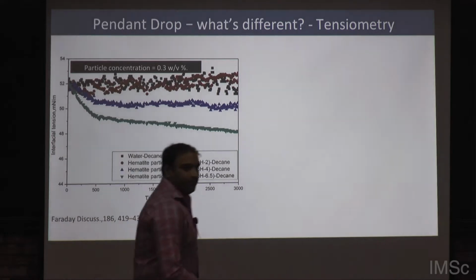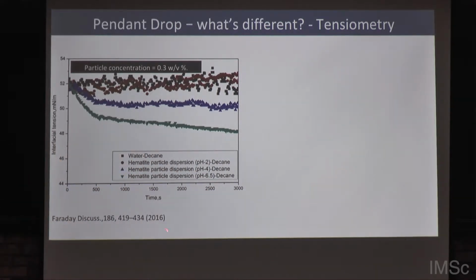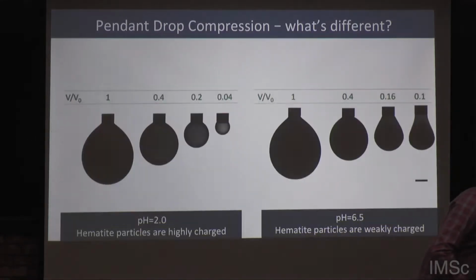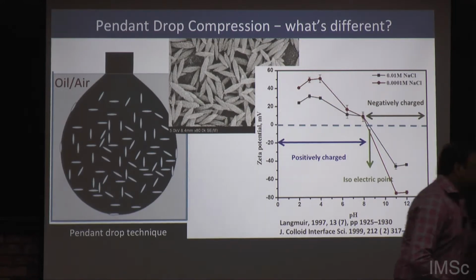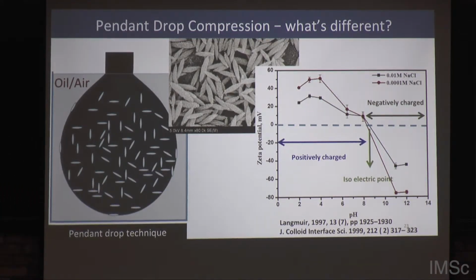What is the meaning of high pH? Let me go back and explain based on this. In this case we used hematite particles, and I can tune the surface charge on the particles by changing the pH, all the way from acidic pH to basic pH.